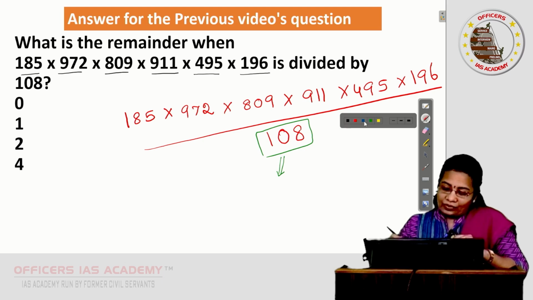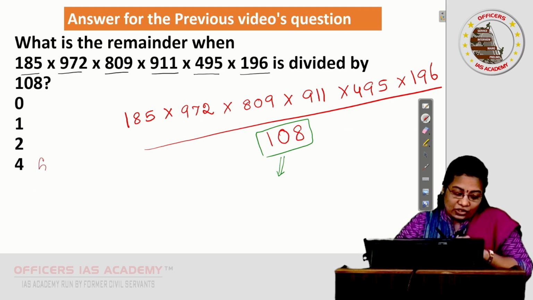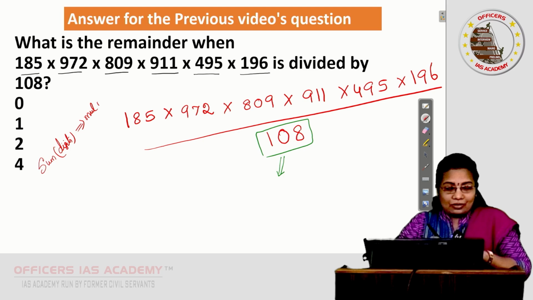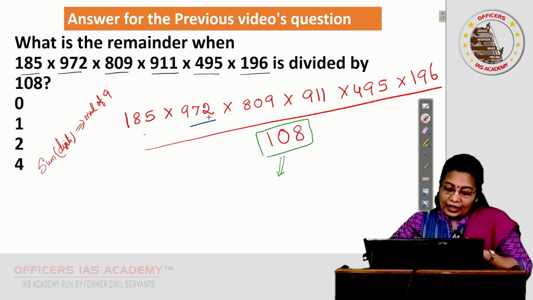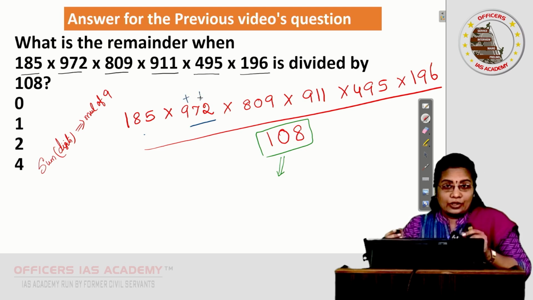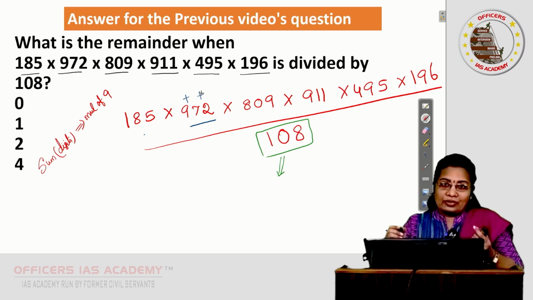So what is the rule for 9? The sum of the digits must be a multiple of 9. So what I do is check the numbers one by one. Here I can see one number, 9 plus 7 plus 2, which is equal to 18. Yes, I can see one number which is a multiple of 9.